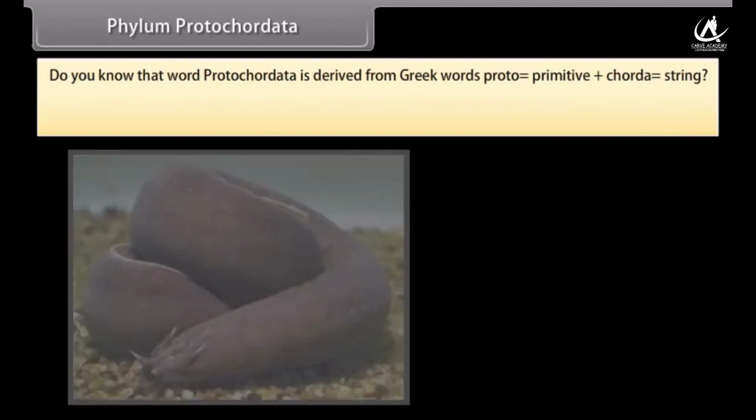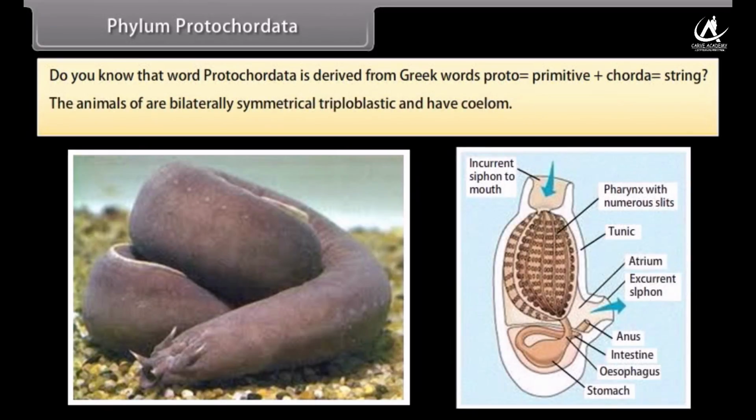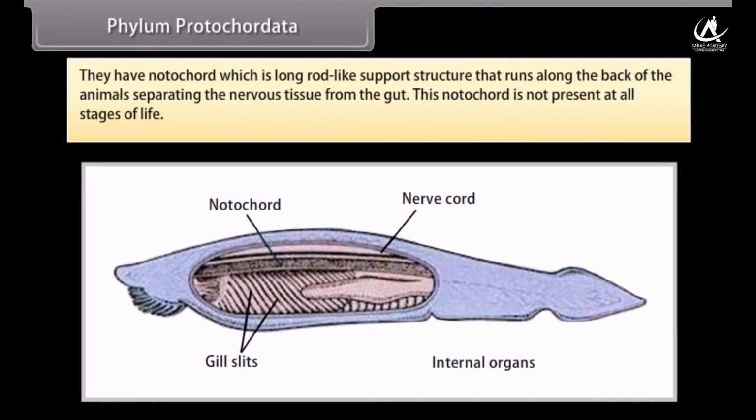Phylum Protochordata. Do you know that the word Protochordata is derived from Greek words proto, which is primitive, plus chorda, which is string. The animals are bilaterally symmetrical, triploblastic, and have coelom. They have notochord, which is a long rod-like support structure that runs along the back of the animals, separating the nervous tissue from the gut.